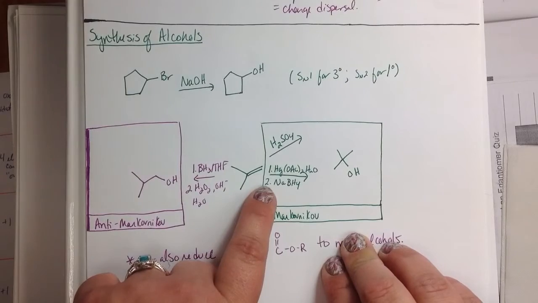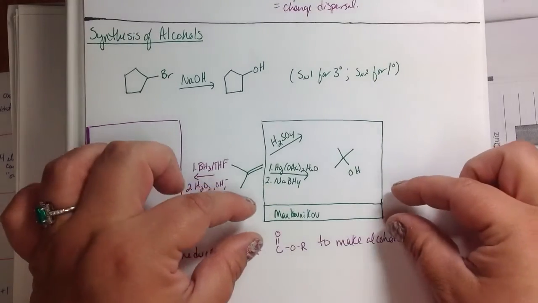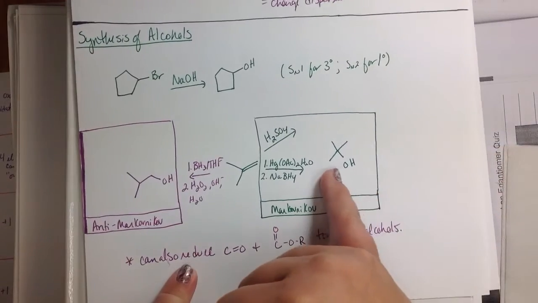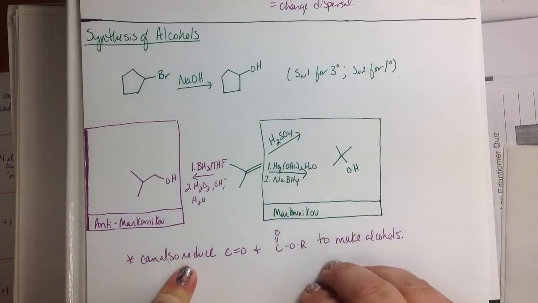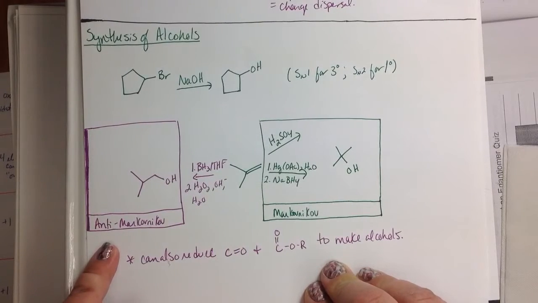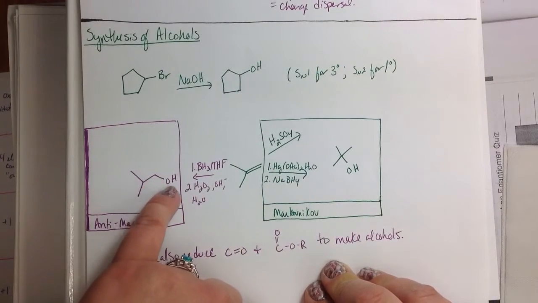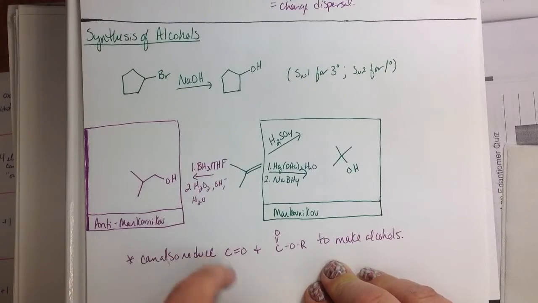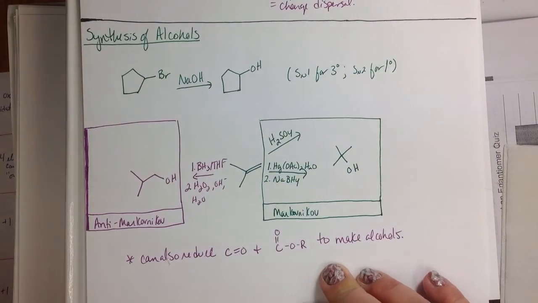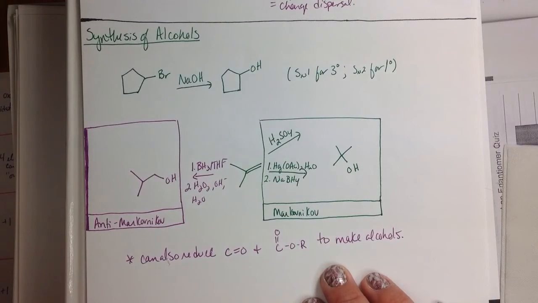So here, this is a Markovnikov addition, so you end up with the OH on the most substituted carbon here. On the other hand, if you want an anti-Markovnikov addition and end up with the OH on the other side, you add BH3·THF, then H2O2, OH-, and H2O, which you probably should have had in organic 1.